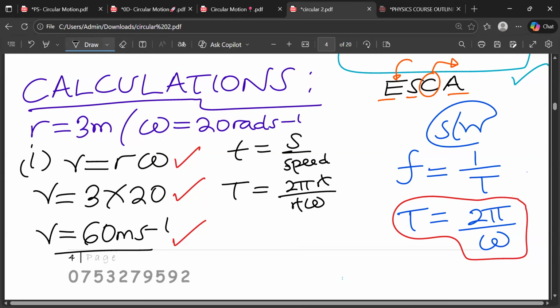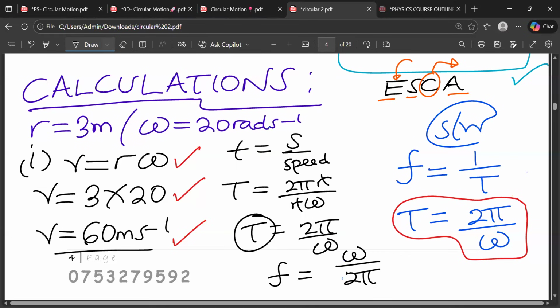You get the point? Then we said our T is 2 pi over what? Omega. That was for periodic time. So since frequency is 1 over period, our f would be what? Omega over 2 pi.